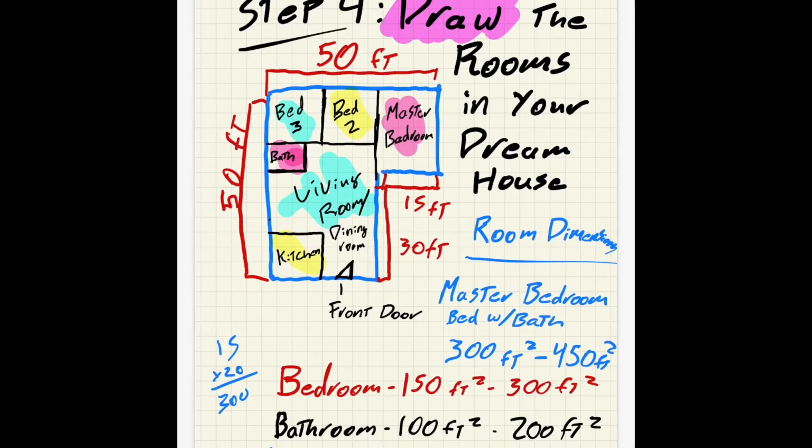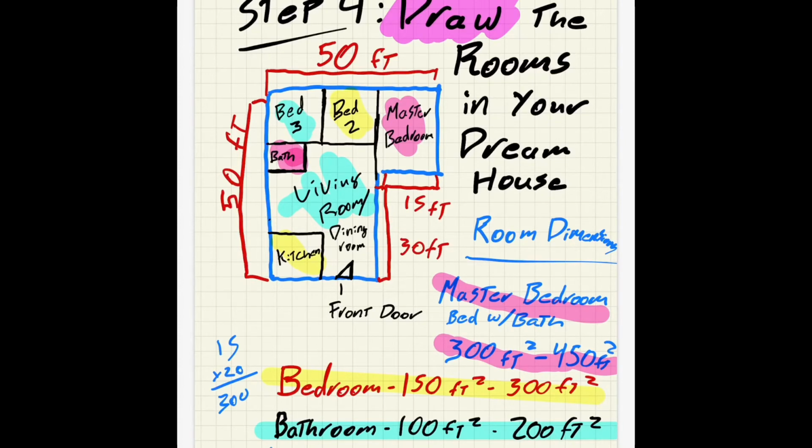A good rule to follow, which does not have to be 100% exact: when building designers build houses, they typically design master bedrooms, because they're a bedroom with a bath in them, to be about 300 to 450 square feet. Bedrooms without attached bathrooms are about 150 to 300 square feet. Somewhere in that area is a good range for a bedroom. Bathrooms can be a little bit smaller depending on how luxurious you want those, approximately 100 to 200 square feet.